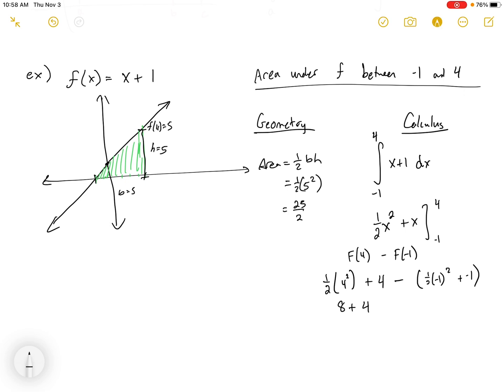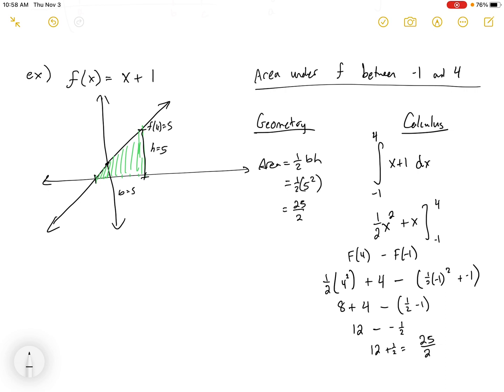And then this subtraction here is minus, -1 squared is just 1, so a half plus -1, minus 1/2. So that's 12 minus -1/2, or 12 plus 1/2, which is, of course, 25 over 2. So we got the same answer going both ways, okay?